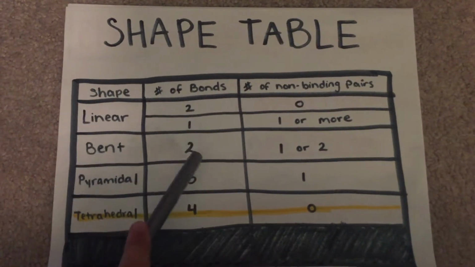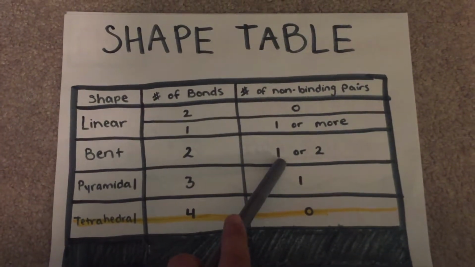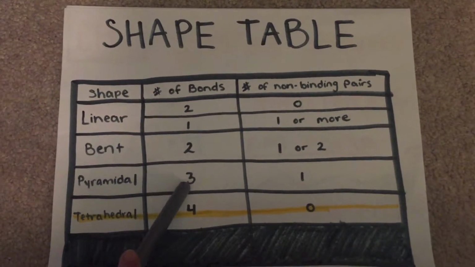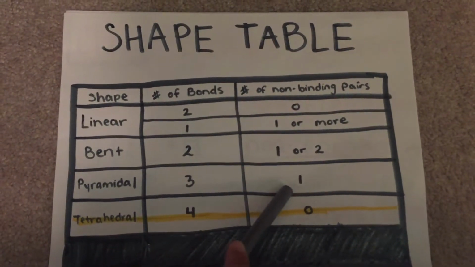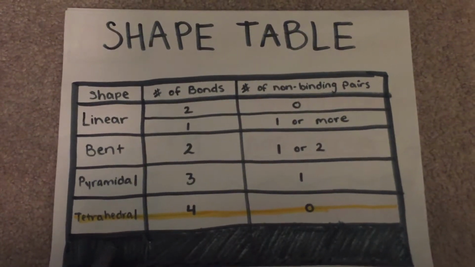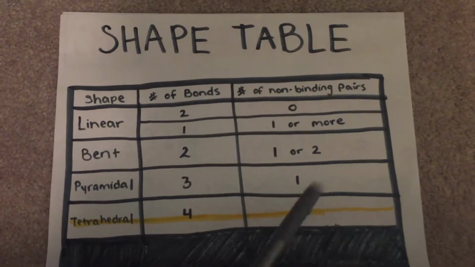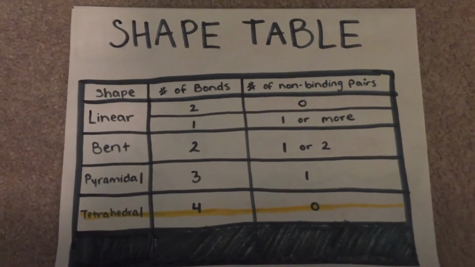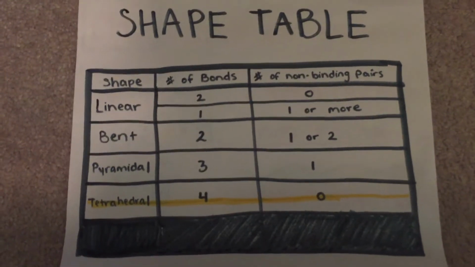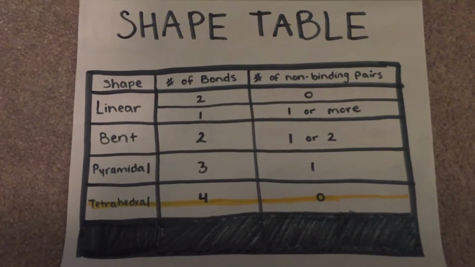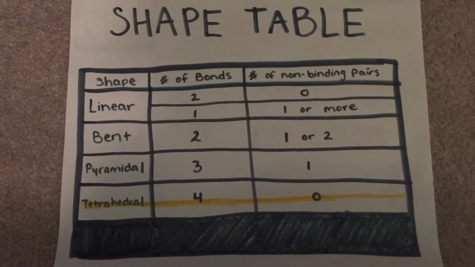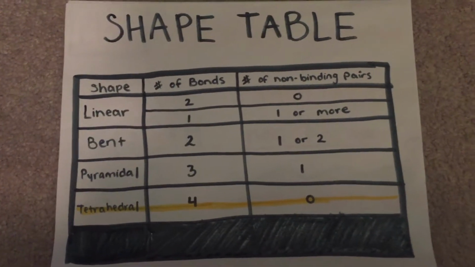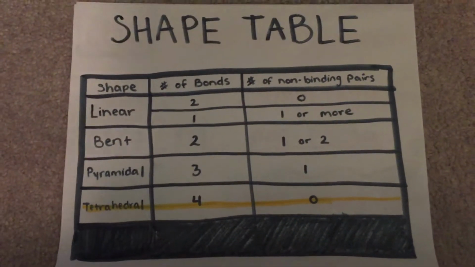A bent shape would have 2 bonds and 1 or 2 non-bonding pairs. A pyramidal shape would have 3 bonds and 1 non-bonding pair. And a tetrahedral shape would have 4 bonds and 0 non-bonding pairs. Based on the numbers from our example of CH4, which were 4 and 0, the compound CH4 would be tetrahedral shaped.